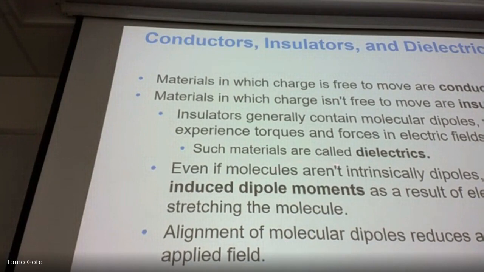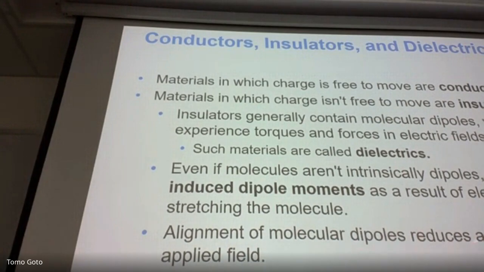Even if molecules aren't permanent dipoles, they acquire induced dipole moments as a result of electric forces in the molecule. So say this is not a dipole, but if E is upright, because of E there's a slight shift of plus and minus, and then this looks like a dipole, right?